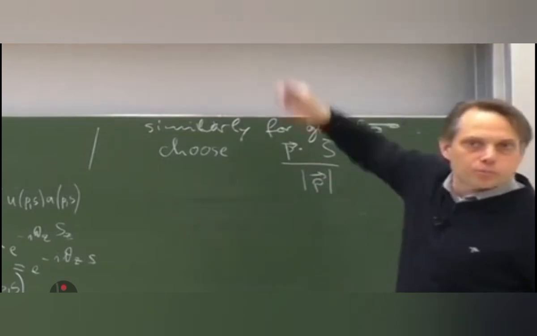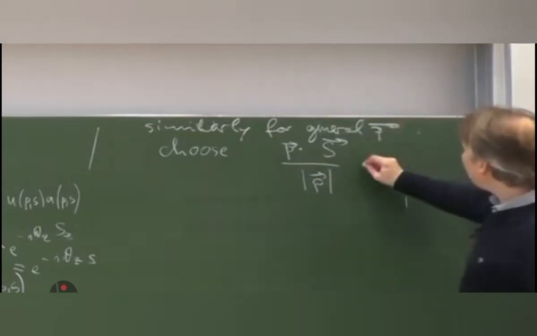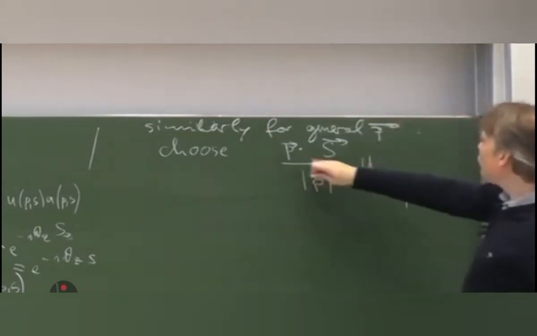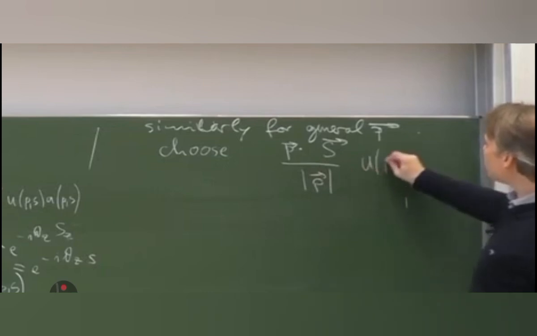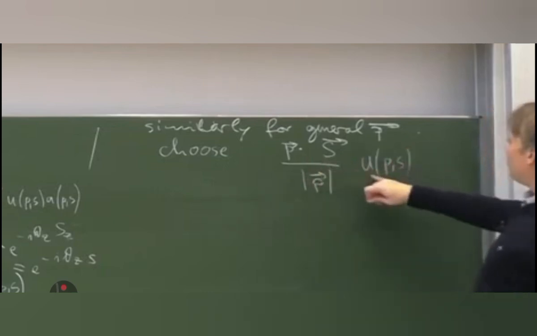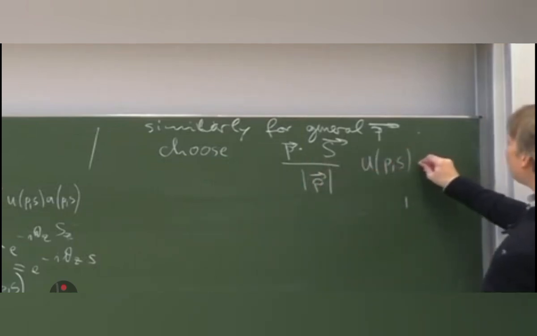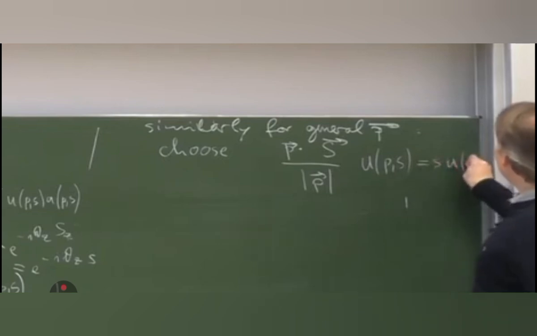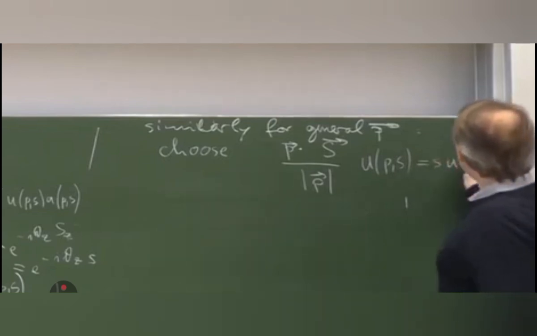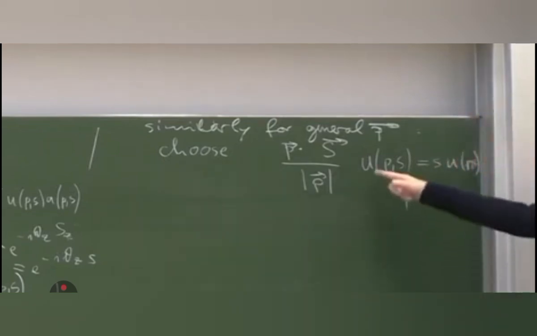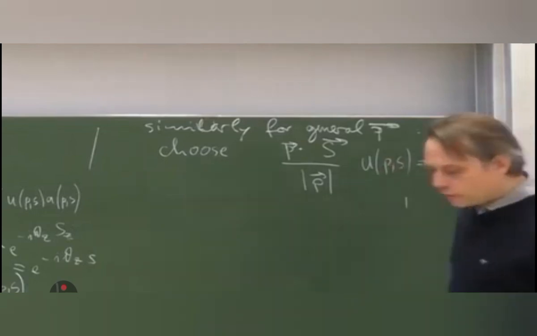Let's not prove it, but that always commutes with p slash, and therefore you can always choose the spinors such that helicity acting on u of p comma s is plus s times u of p comma s. So all the spinors can be chosen as eigenstates of helicity.